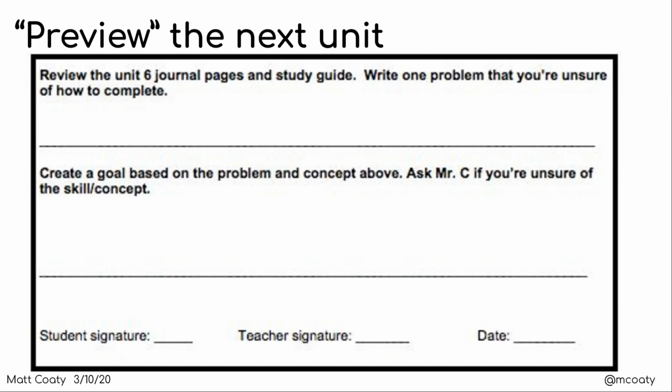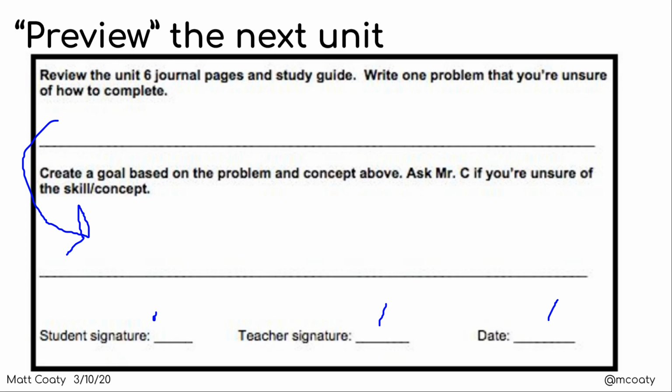And then they take this and write that goal right there. So they create a goal based on that. And then I make sure there's a student signature, they initial, I initial, and we date it because we're going to come back to it. This whole previewing the unit takes about 5 to 10 minutes.